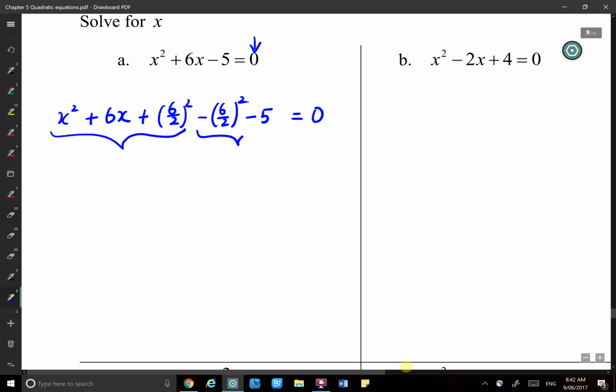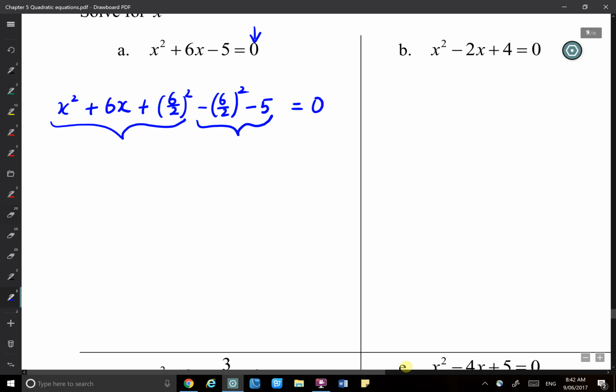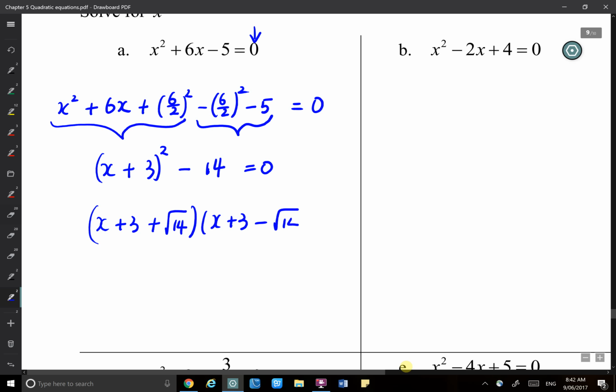The first three terms give x plus 3 squared, minus 3 squared, which is 9. Negative 9 minus 5 is negative 14. So minus 14 equals 0. So I can have x plus 3 plus root 14, and x plus 3 minus root 14, equals 0.